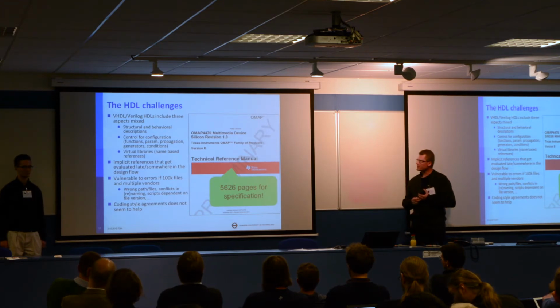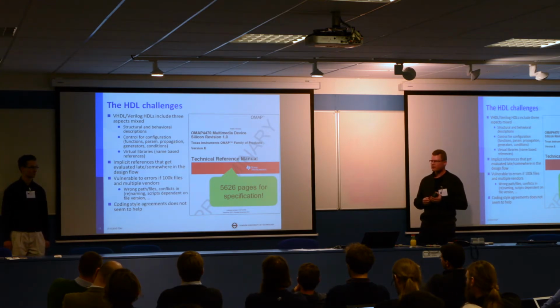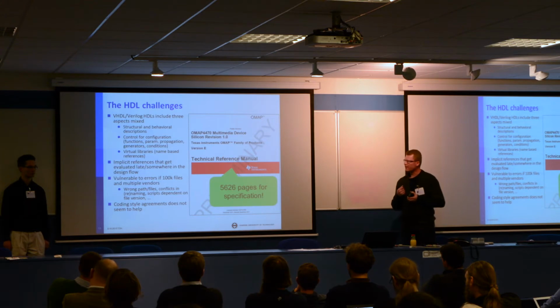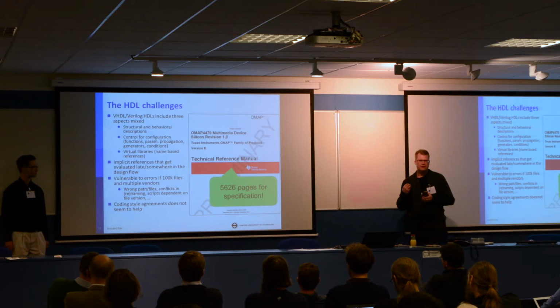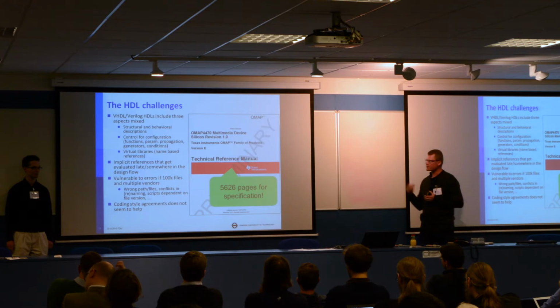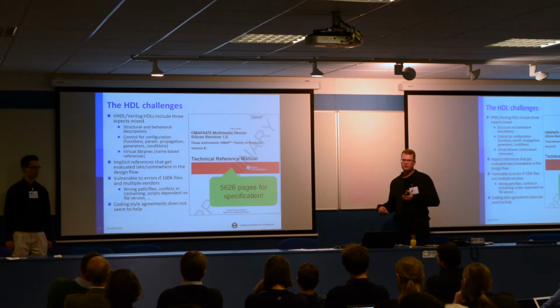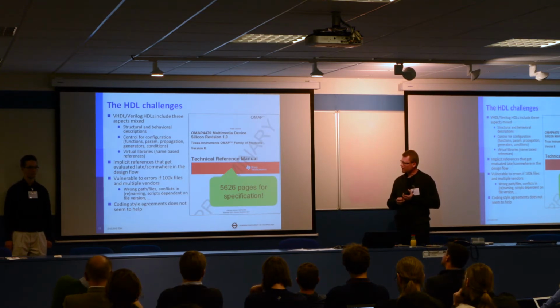And then there are virtual libraries, with lots of name-based references and path references. As a design flow, you fix the values for parameters quite late, and if you make some mistake earlier, it can be quite difficult to trace back where the problem was coming from.